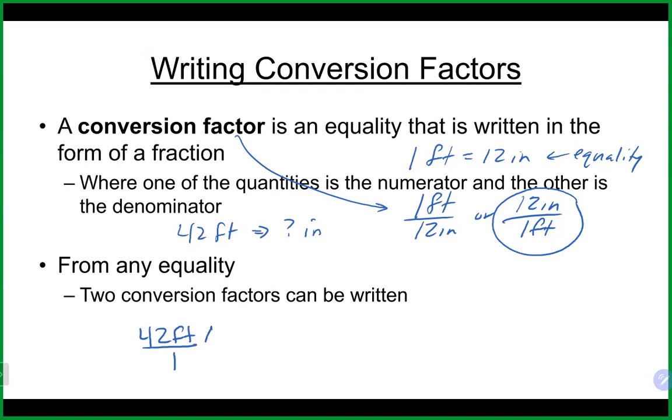So we would set it up like so, where we see our 1 foot on the bottom and our 12 inches up on top. What's going to happen here is we're basically going to multiply whatever's on top and divide by whatever's on the bottom. When we do that, we are essentially dividing feet on top by feet on the bottom.